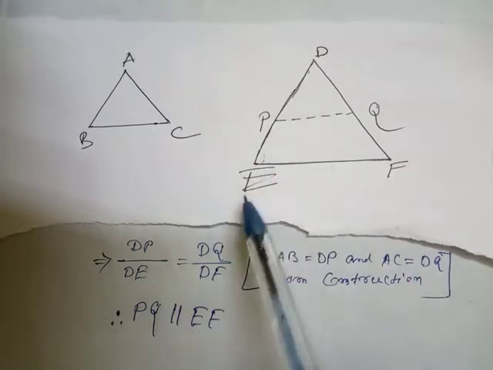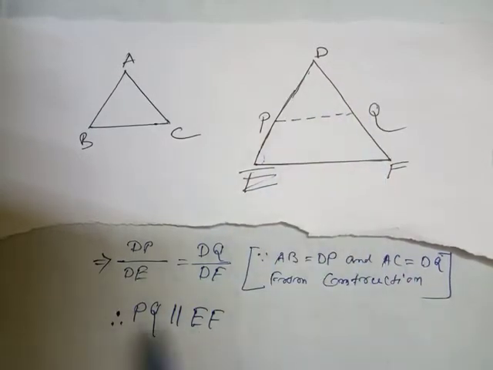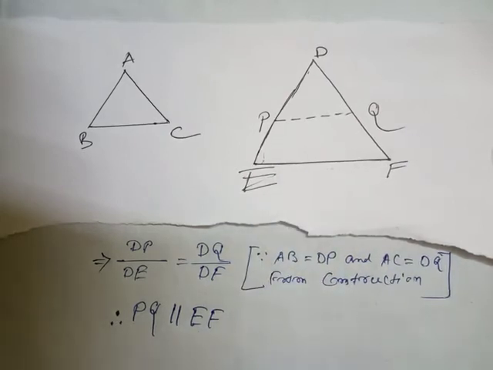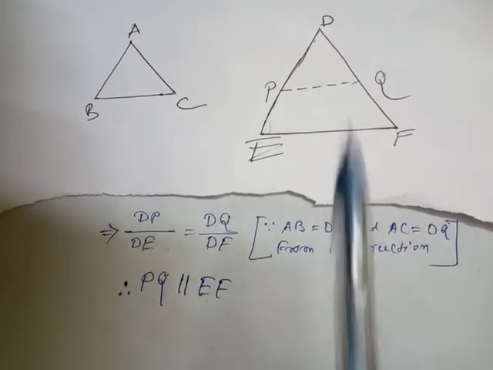Now DP by DE and DQ by DF, which means this is the converse of the basic proportionality theorem. So PQ parallel to EF.